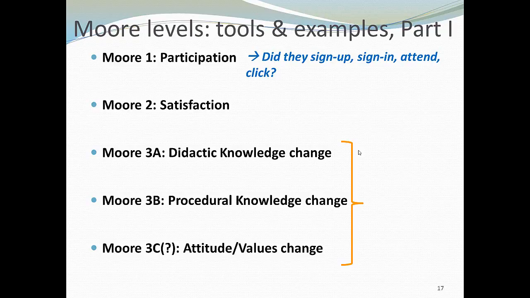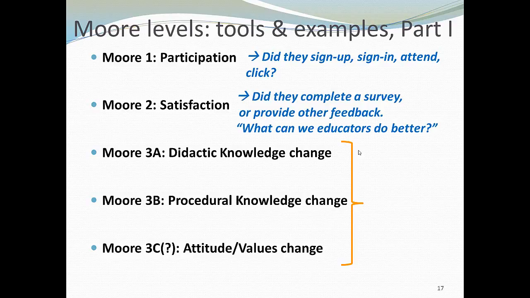Did they complete an evaluation survey of any kind? Good. And or provide any other feedback. For example, they may tell you, great course, in the hallway. Satisfaction is definitely an evaluation, not an assessment, because it's really feedback to the educators on how the educators did, not how the learner did, which is more in the assessment area.